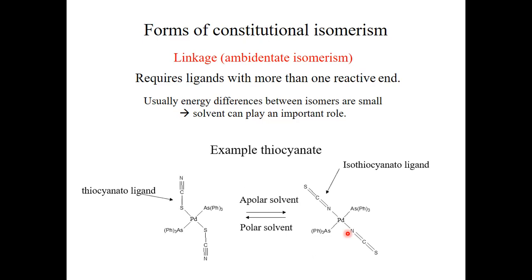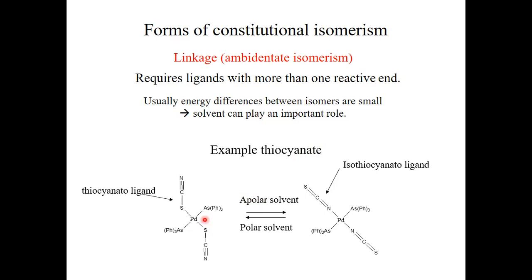So here's an example. Thiocyanate is an ambidentate ligand. So both the sulfur can bind to a metal, but also the nitrogen can. And which end the ligand uses depends on certain factors, for instance, solvent in this example here.